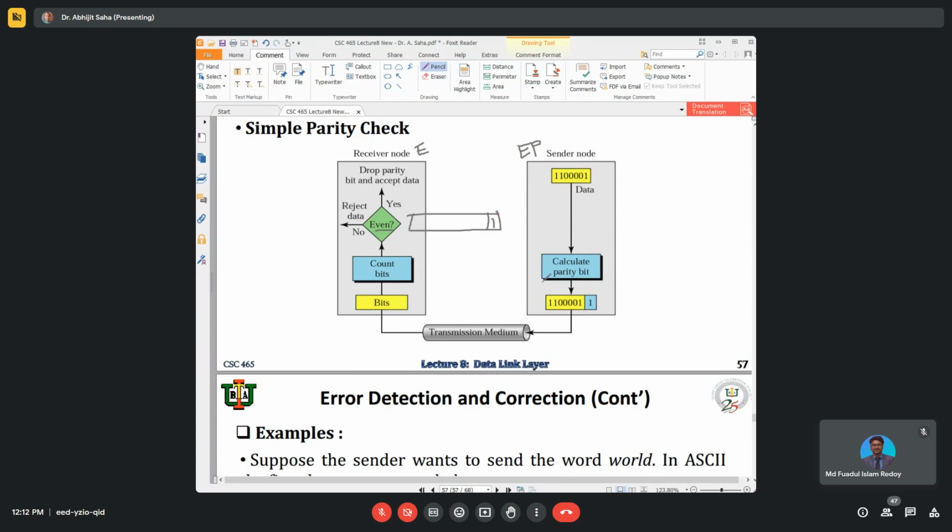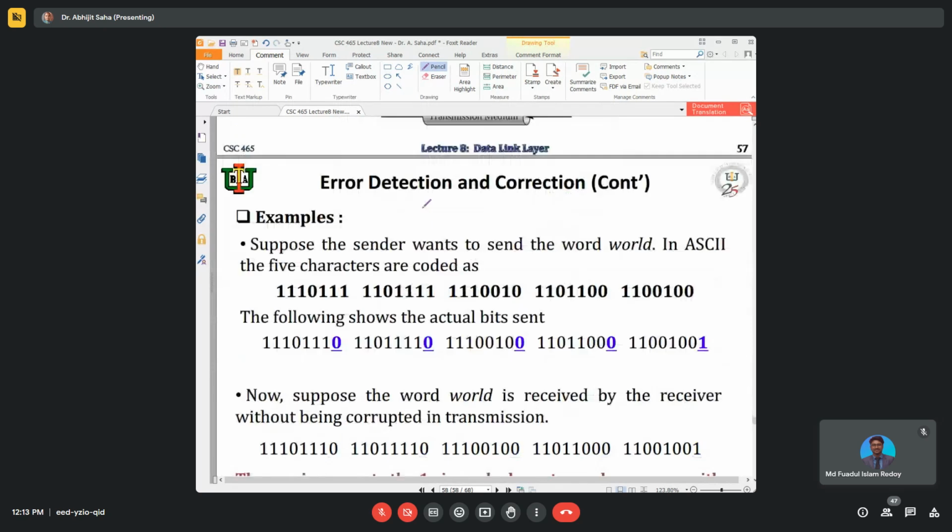That single parity bit was added here, so it needs to be removed, because this is not the actual data. This is the parity that has been used to see at the receiver end whether there is an error. All right. Yes, sir. Yeah, good point. Okay, thank you.